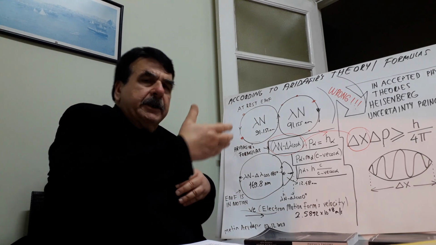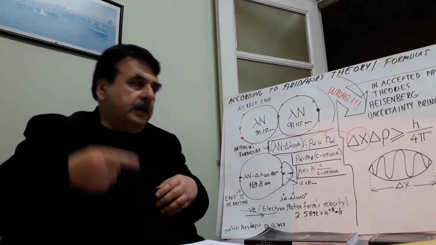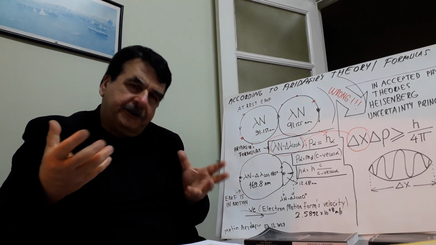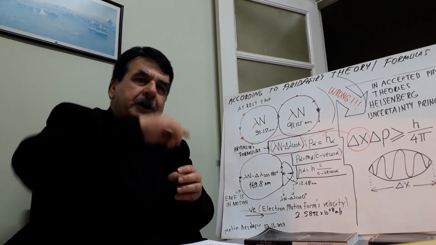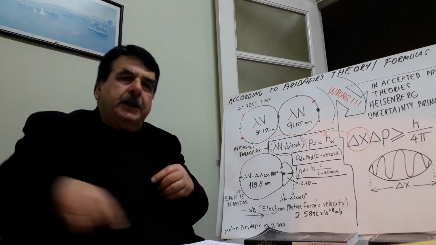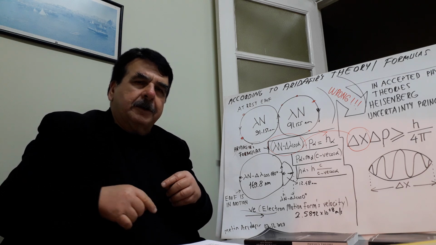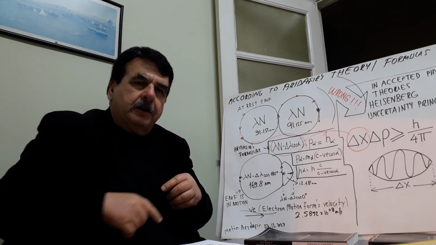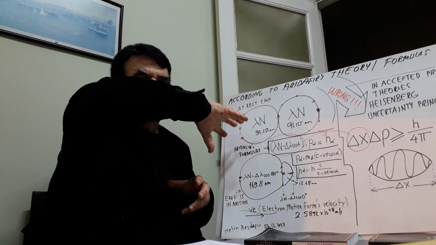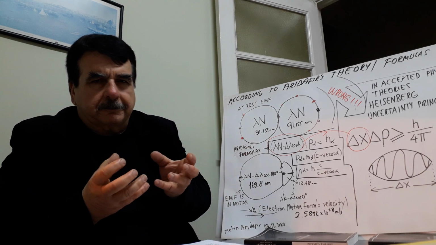And every point, if we drop a paint, say blue, on this electron motion form, this paint will move, will cycle, following the surface cycle of the electron motion form.